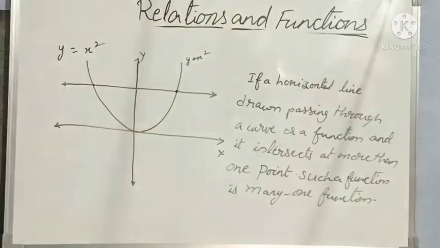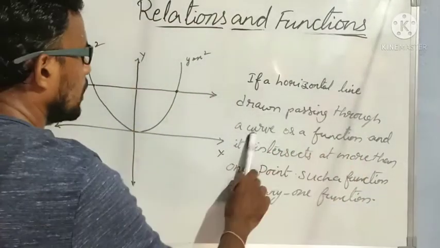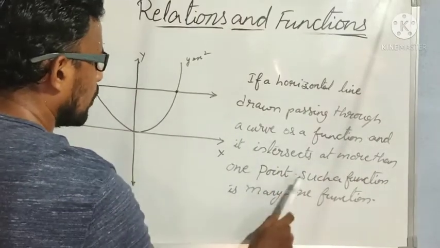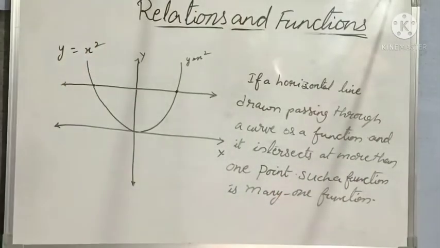Understood? If a horizontal line drawn passing through a curve or a function intersects at more than one point, such a function is a many one function.